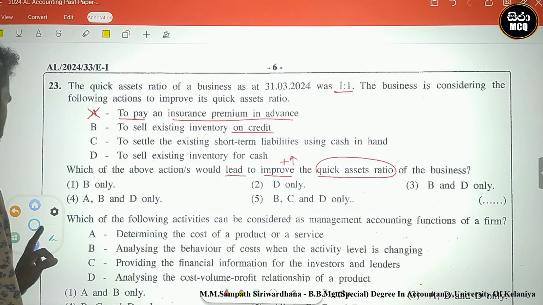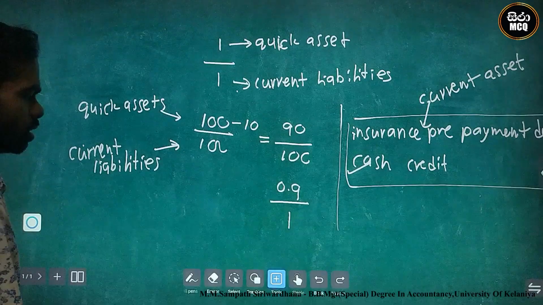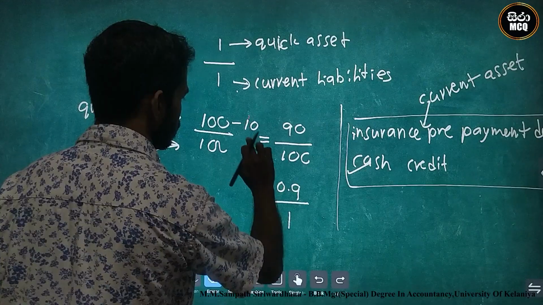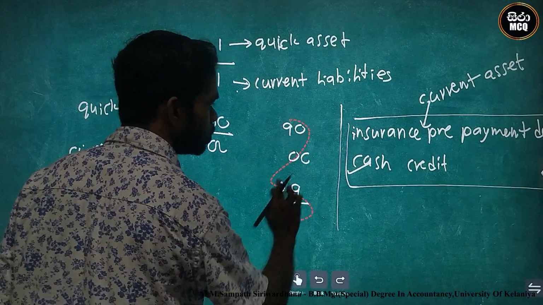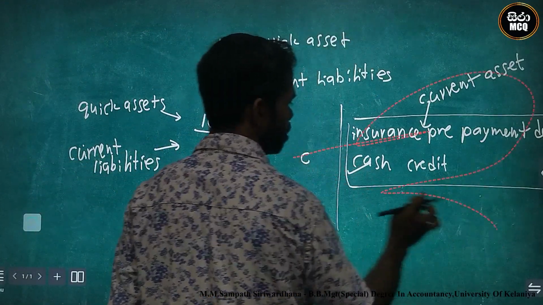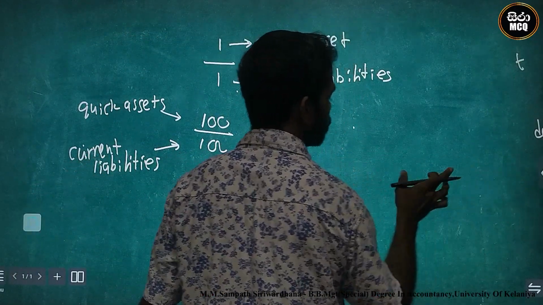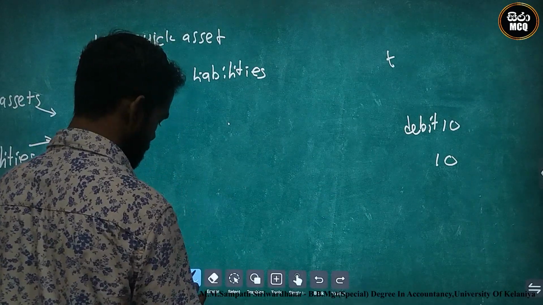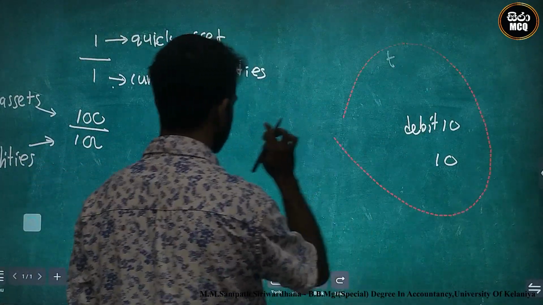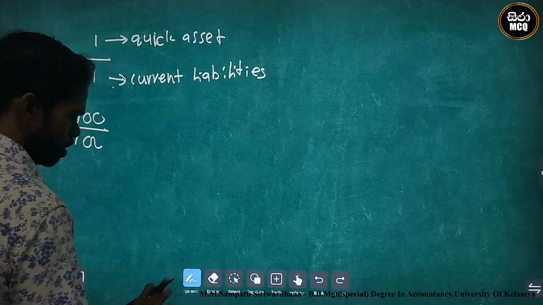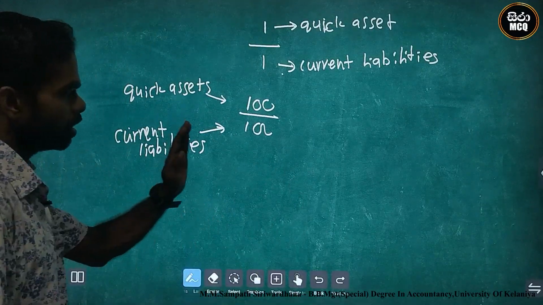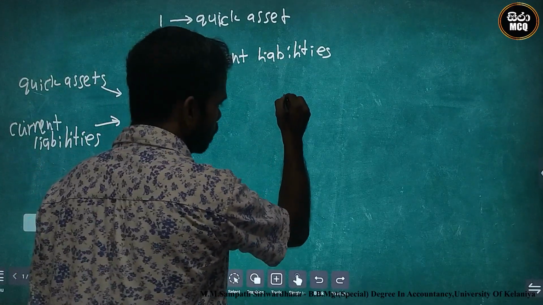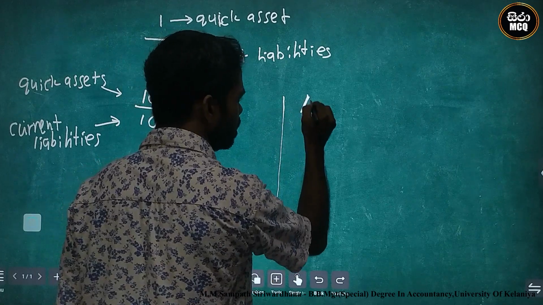Okay, this is the inventory sales. This is the current situation. What is the impact to the equation?